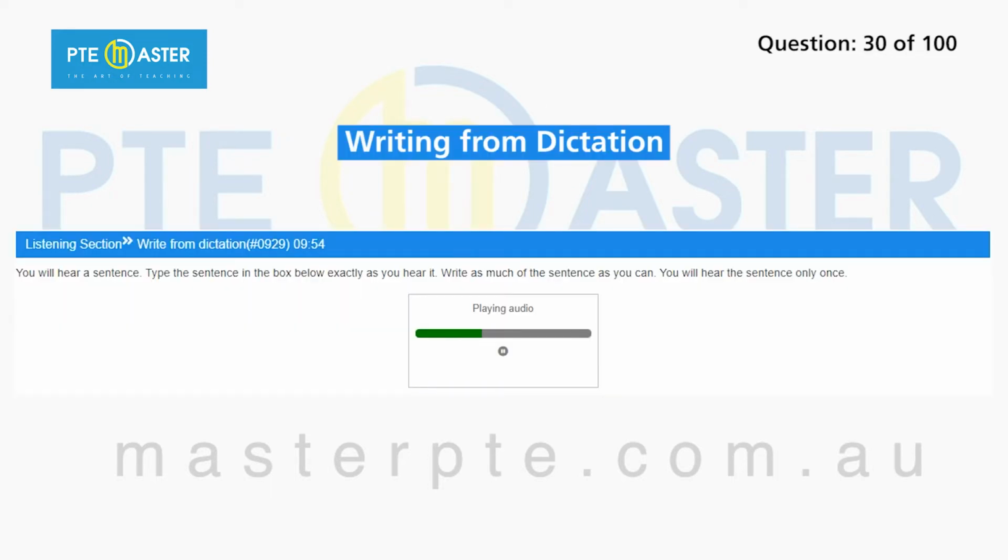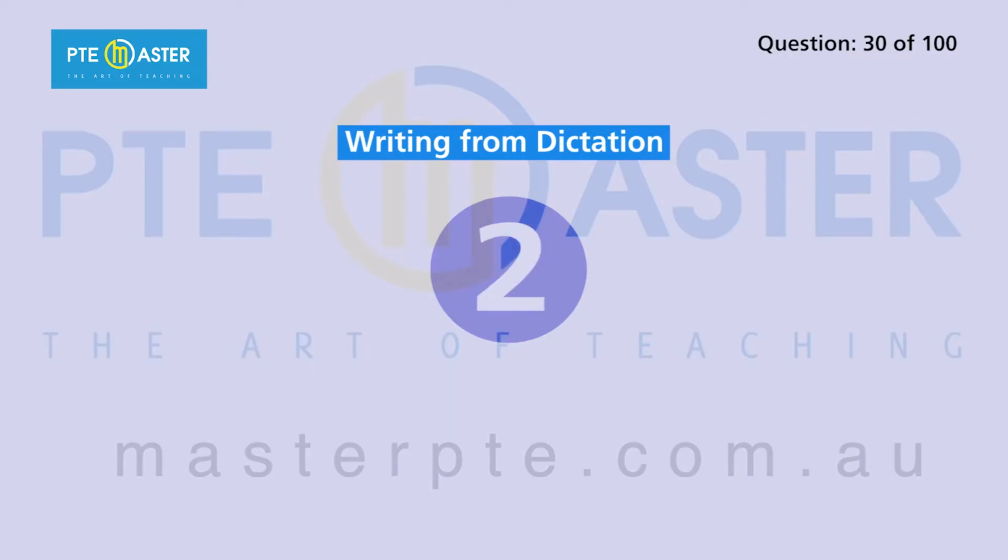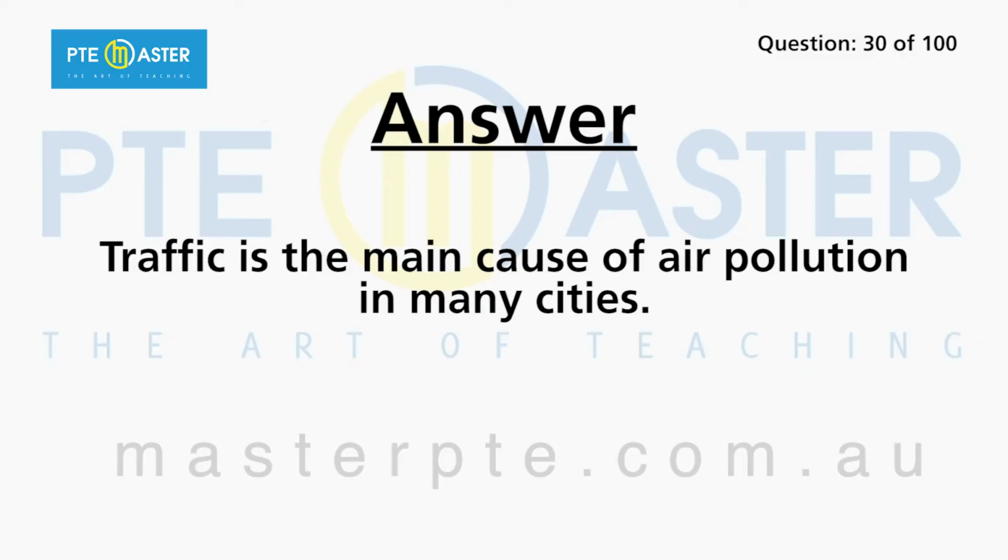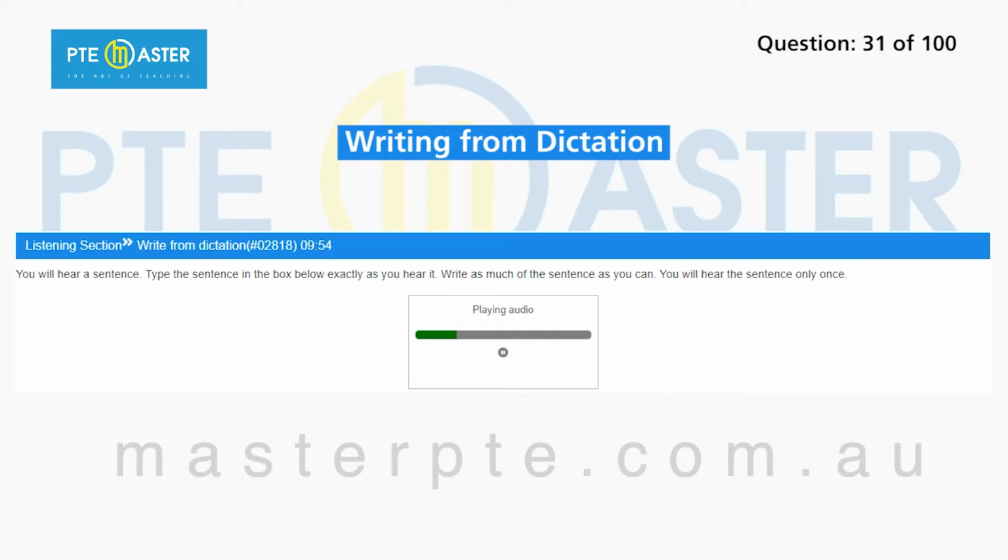Traffic is the main cause of air pollution in many cities. The reception staff provides advice on renting private accommodation.